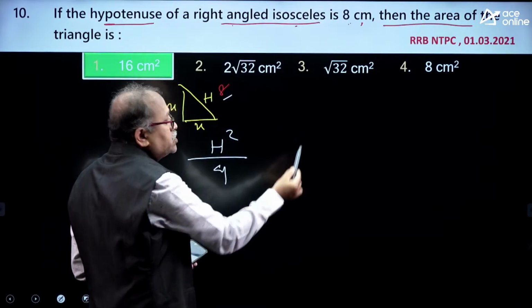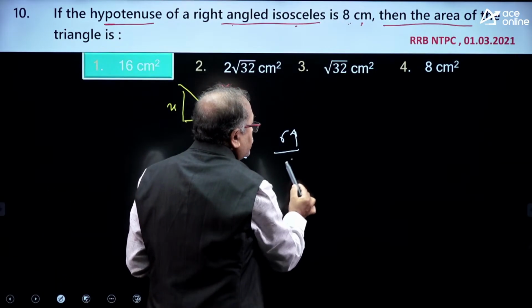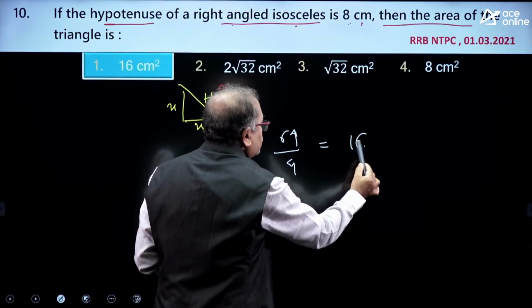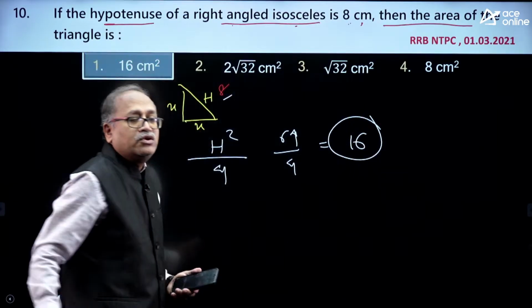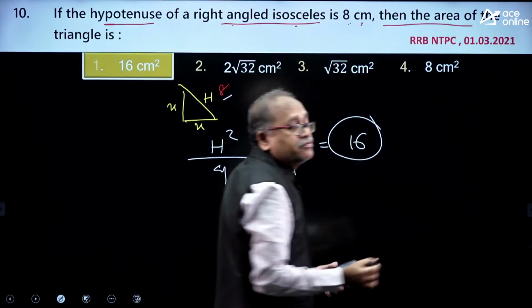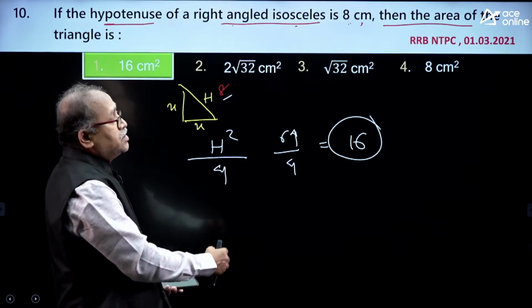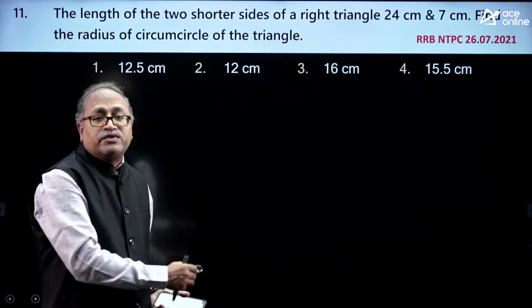So 8 square is 64, and then 64 when divided by 4 is nothing but 16. That's your answer. Beautifully done. And look at this again, RRB NTPC of 2021. So we do get direct questions like this. I am moving on to the next question, which is this.